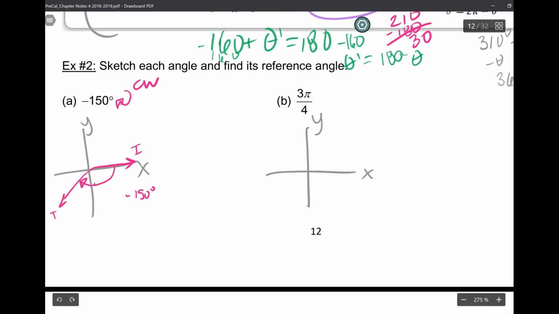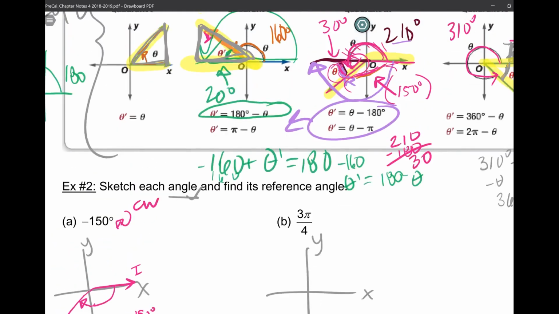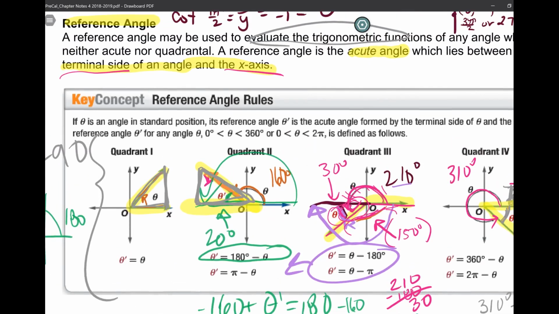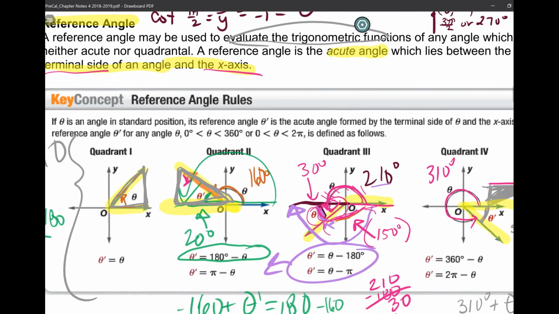How did I know where to go? So I know that right here is a 90 degree angle, and I needed 60 more over here. Okay, that's just a little side. Okay, so we sketch each angle, check, and find its reference. So how do I find the reference? So remember, the reference angle is going to be the angle between the terminal side and the x-axis.